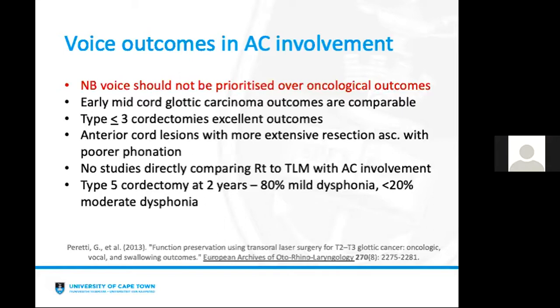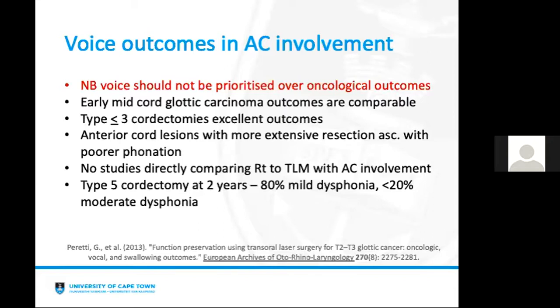However, no studies have directly compared these modalities in terms of anterior commissure involvement. However, it's logical that involvement of the anterior vocal ligaments and anterior commissure would result in inferior voice outcomes, especially where large resections are required.